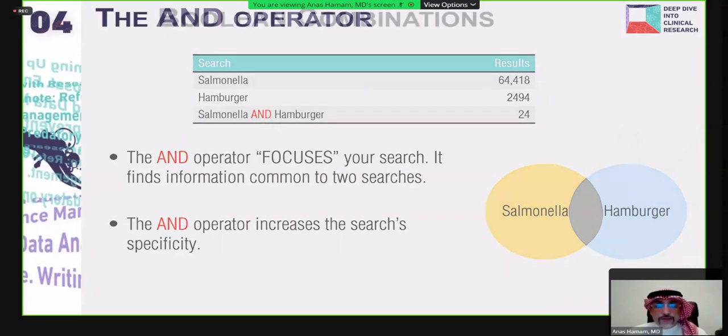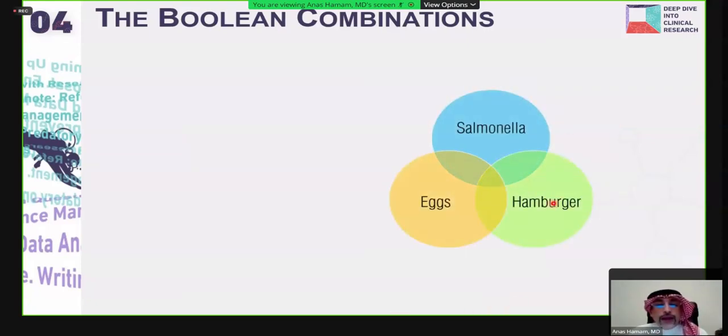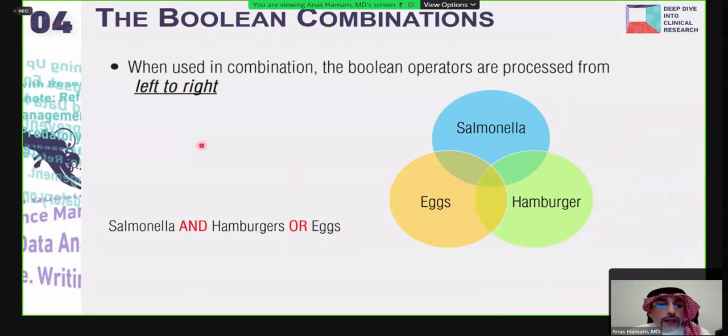So here you're getting more specific but less sensitive. So now you can combine them. For example, if I have salmonella, hamburgers, and eggs, always when you pair the Boolean operators, you are reading it from left to right.